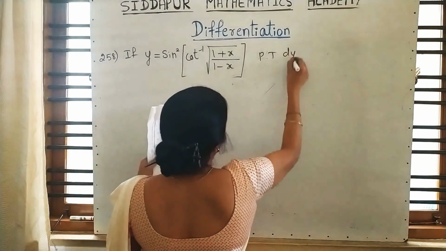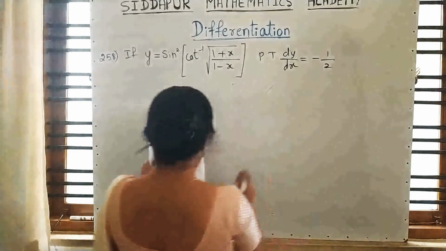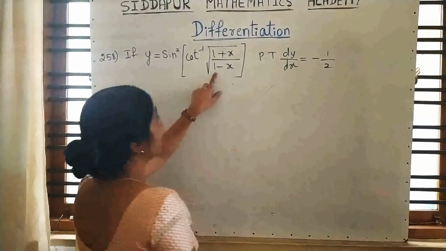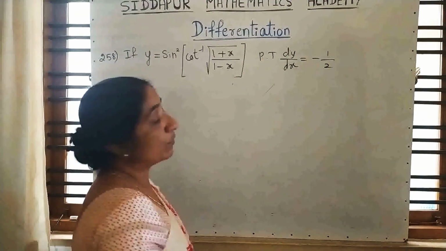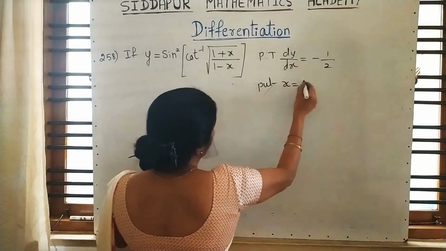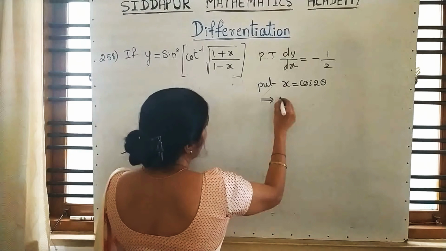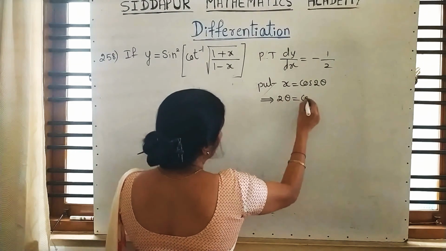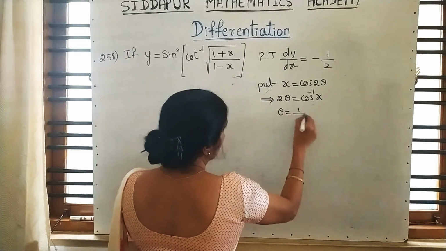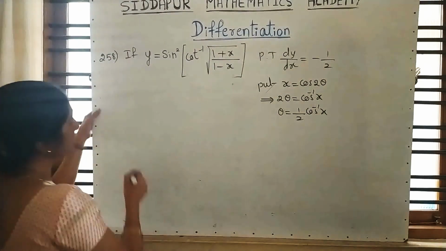Prove that dy upon dx is equal to minus 1 by 2. Maybe the answer will not help, but this under root 1 plus x upon 1 minus x means what will be the substitution? Put x is equal to cos 2 theta. Already I gave in previous examples. 2 theta is cos inverse x. Theta is 1 by 2 cos inverse x.